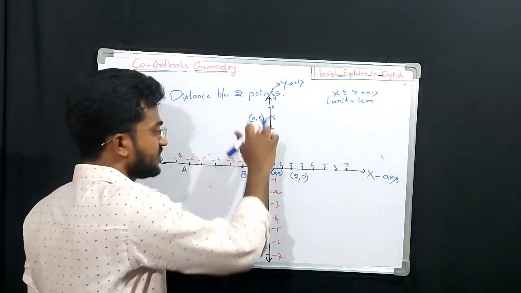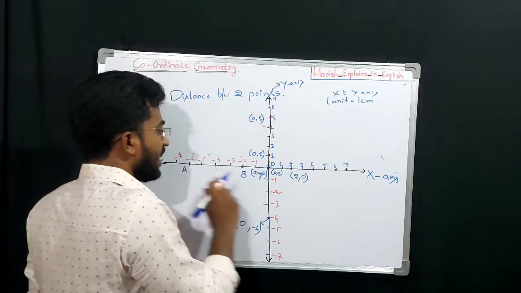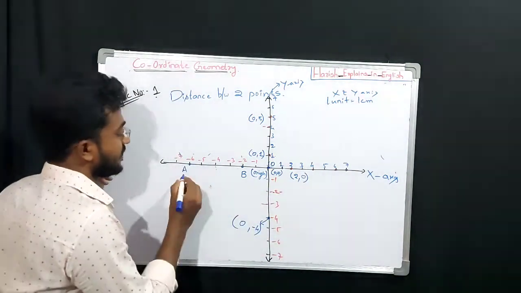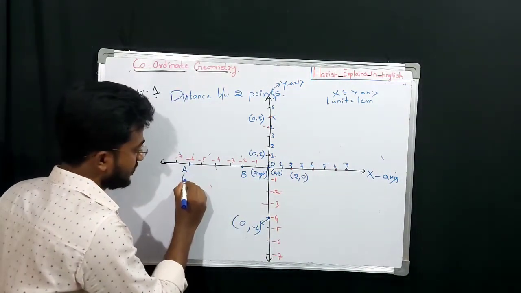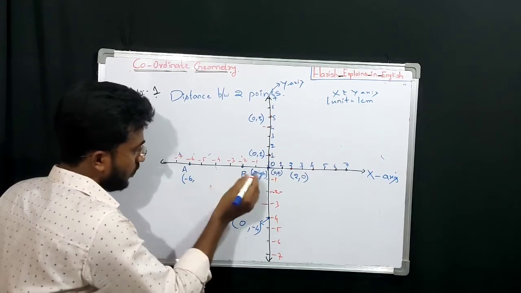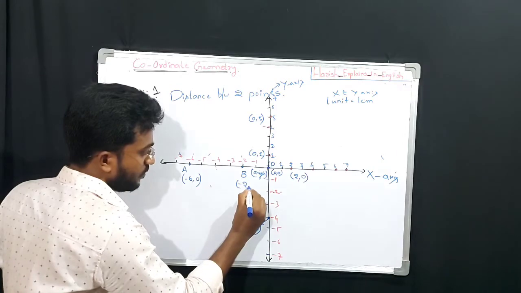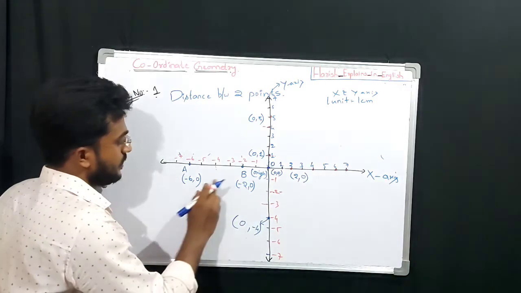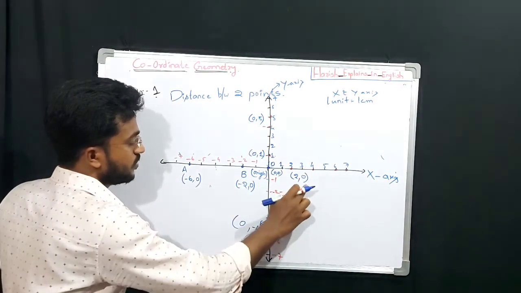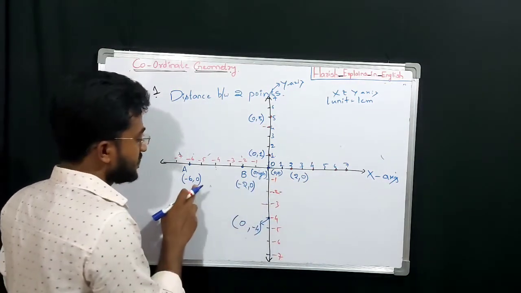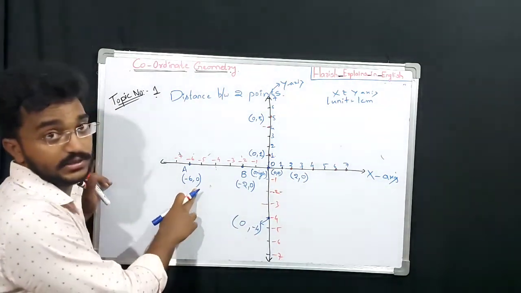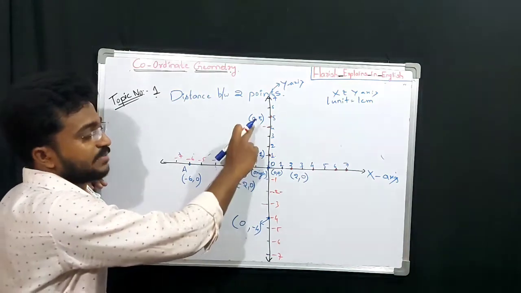On the y-axis, the x coordinate is 0. On the x-axis, let us check. On the x-axis, x is minus 6, y is 0, and for minus 2, the y coordinate is 0. As you can see, 0, 0, 0, 0. On the x-axis, the y coordinate, that is the ordinate, is 0, and on the y-axis, the abscissa is 0.